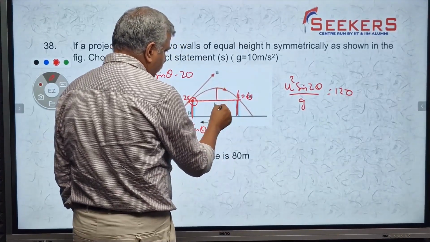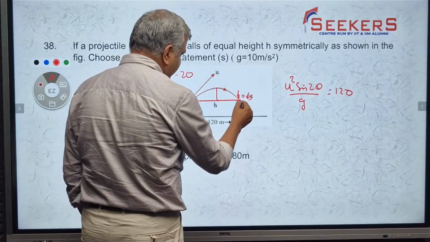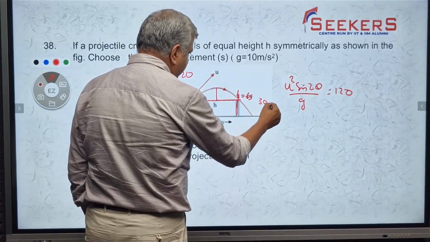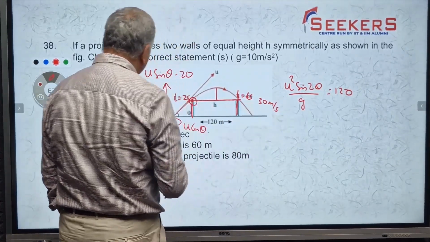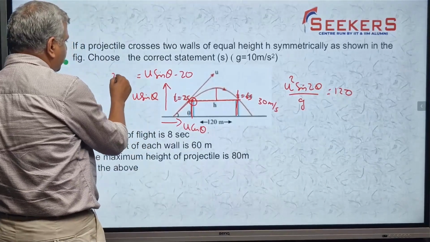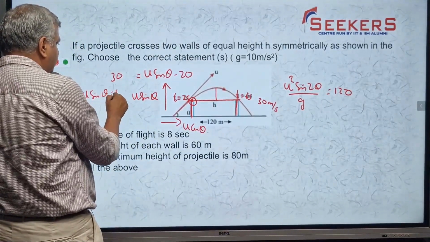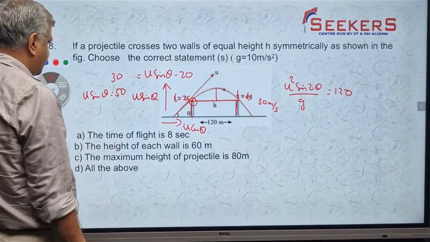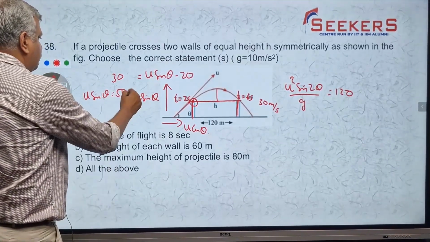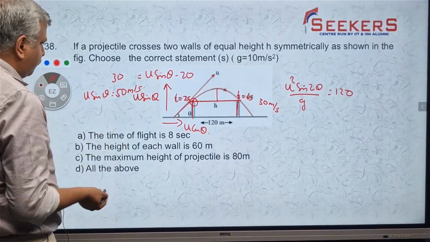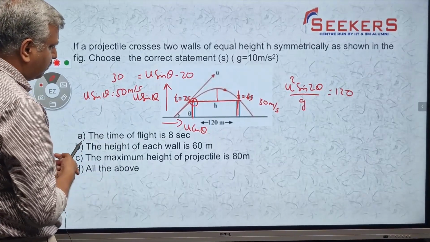That means here the vertical velocity would be 30 meters per second. That means u sine theta is equal to 50 meters per second. Now we can find out the rest.